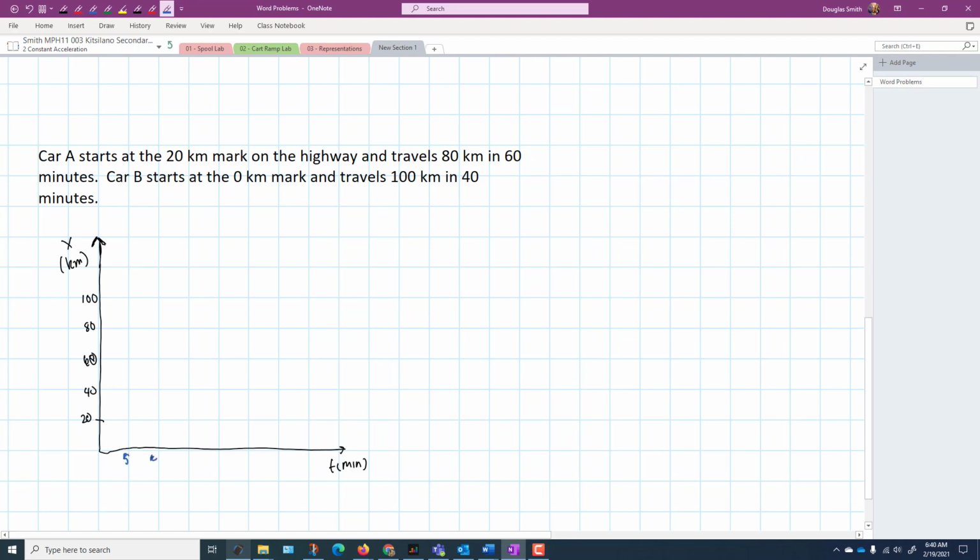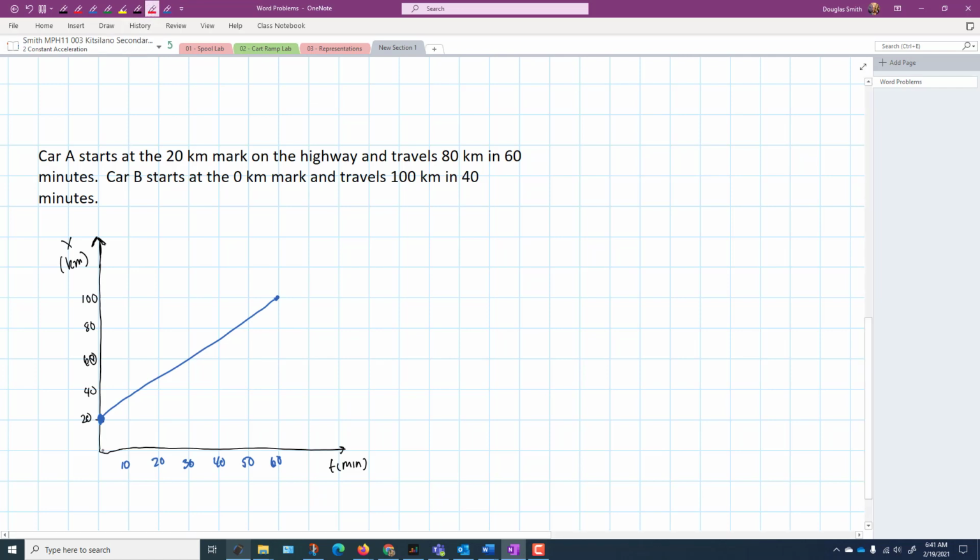We do 10, 20, 30, 40, 50, 60. Okay, car A starts here, 20 kilometers at 0, and then travels 80 kilometers. So 20 plus 80 is 100. So it's going to get to 100 in 60 minutes. So it's going to go right there. So that represents car A.